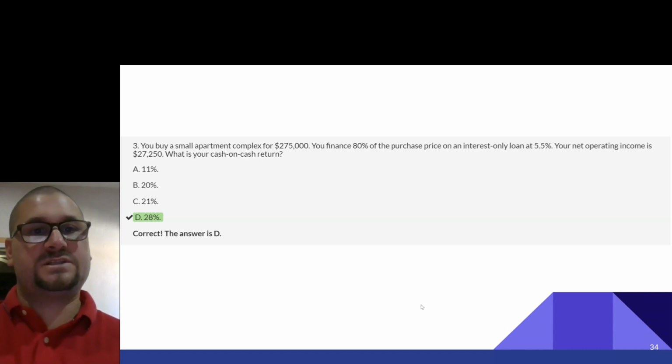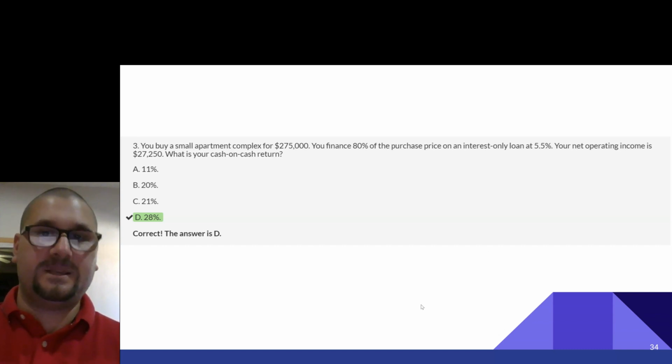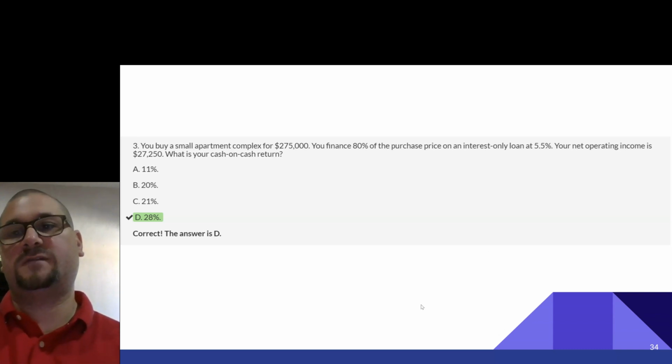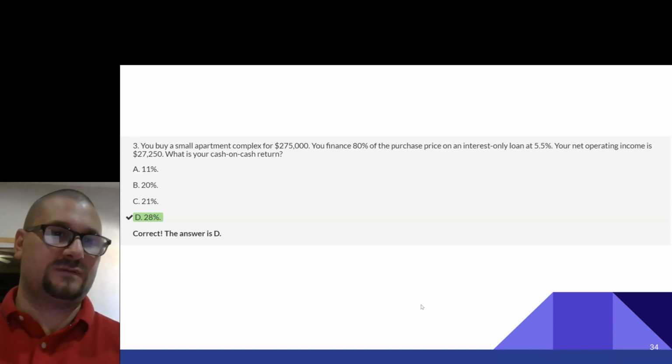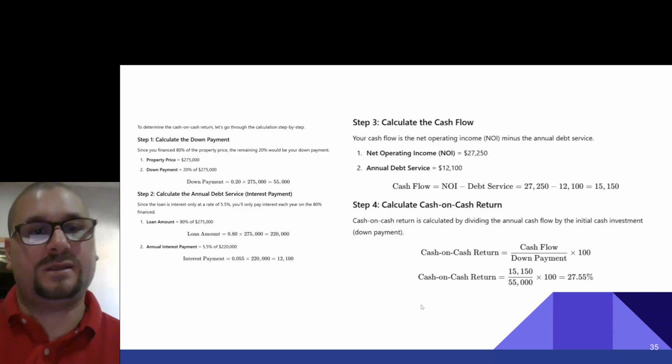So you buy a small apartment complex for $275,000. You finance 80% of the purchase price on an interest-only loan at 5.5%. Your net operating income is $27,250. What's your cash on cash return? Step one, let's calculate the down payment.